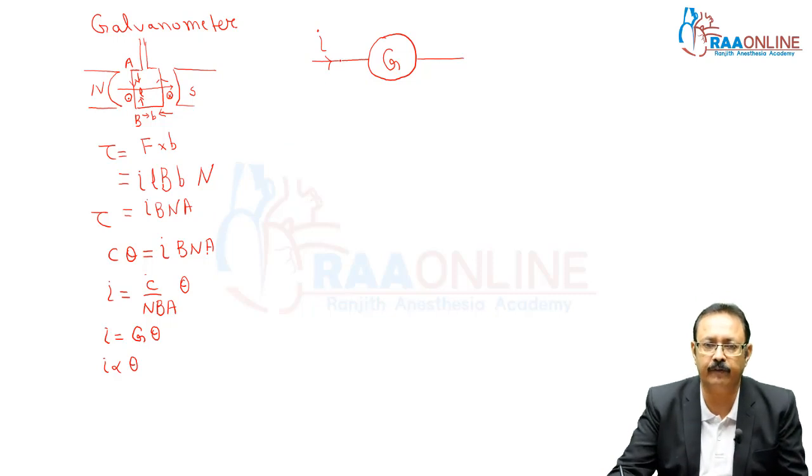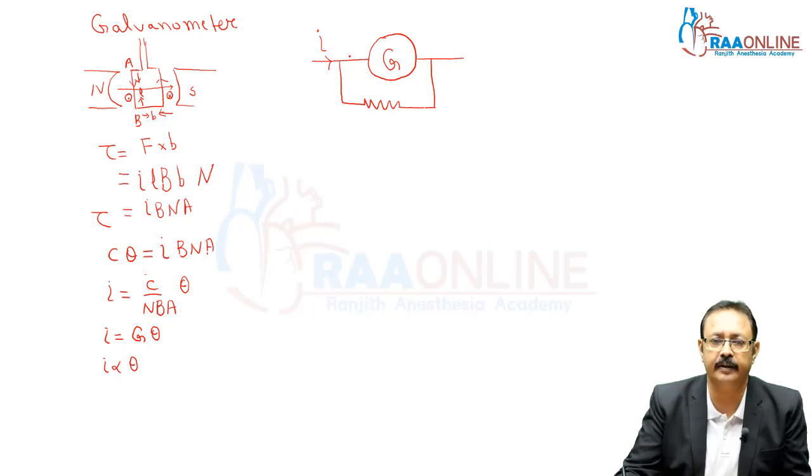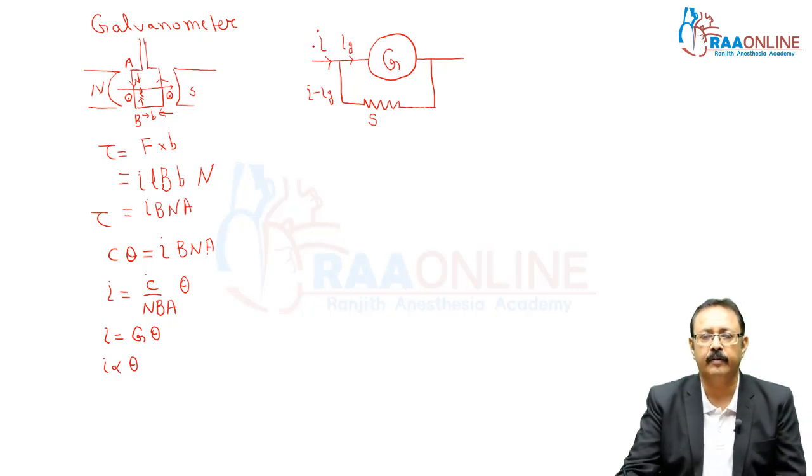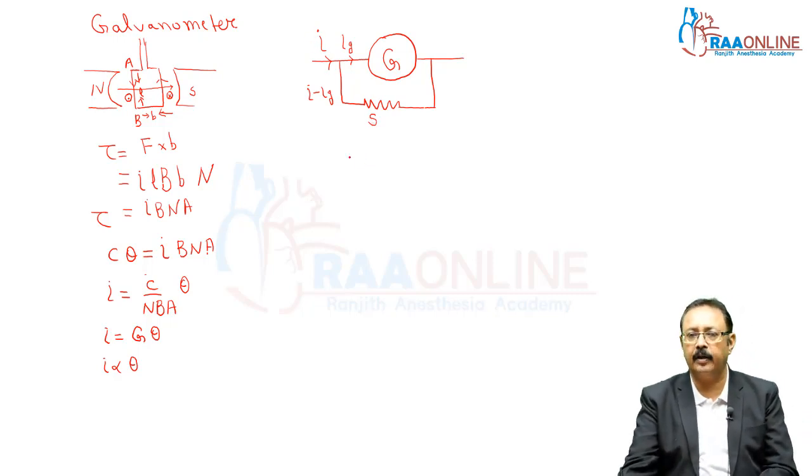We are putting in one shunt. A shunt means a low resistance wire in parallel with the galvanometer, and we allow only the current which is sufficient for full scale deflection in the galvanometer. The remaining current will pass through this shunt. If you want to measure a current I, we can calculate what shunt is needed.